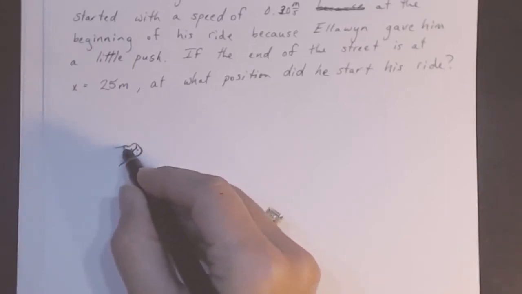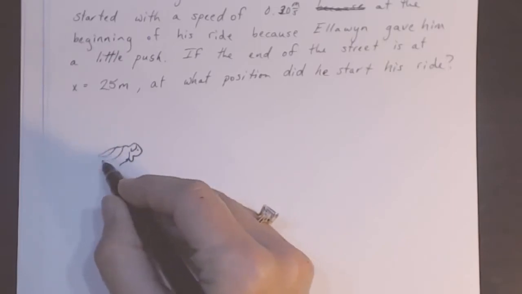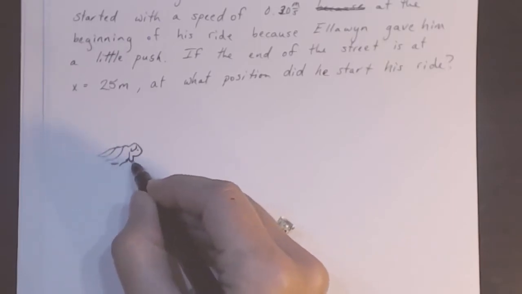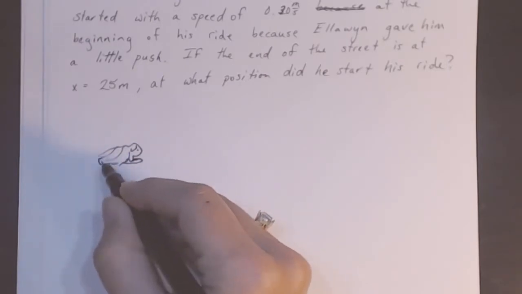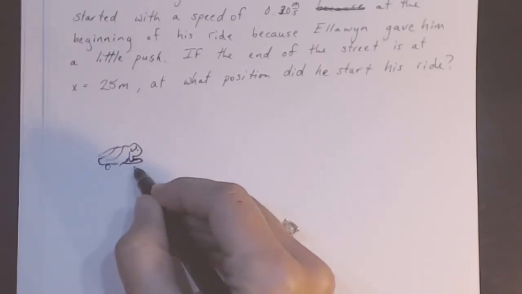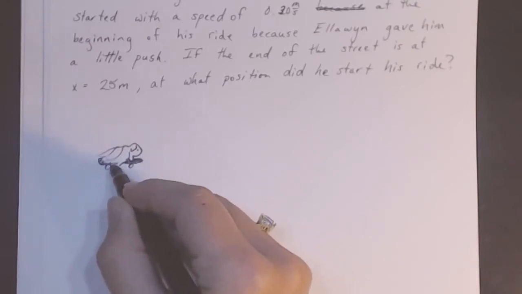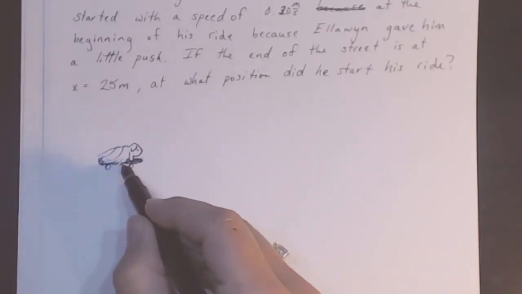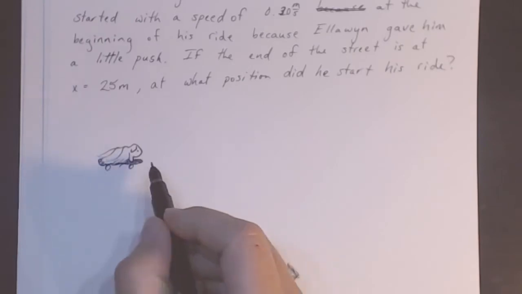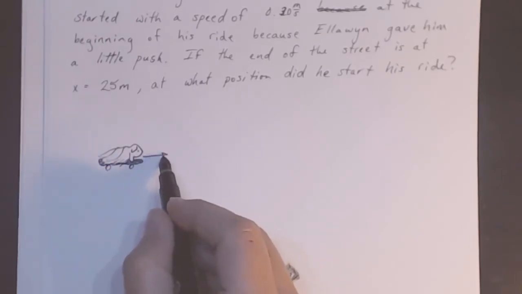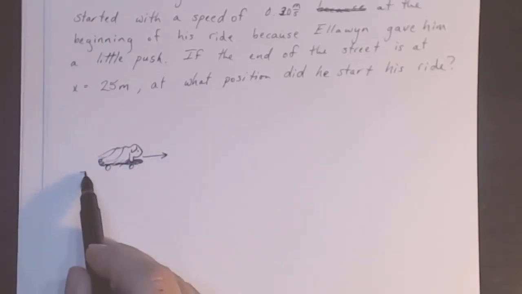That's right, make sure we get his hair in there. There he is on his skateboard, and he is riding it down the street. So he's going that way, and the street is here.